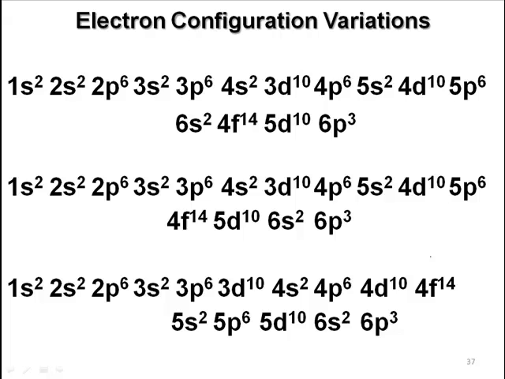Now, there are some variations. Okay, the way it's written here, they all end as 6p3, but you'll notice here they're written differently. This one is going 6 to 4 to 5 to 6. This one here is going 5 to 4 to 5 to 6. This one here is separating out the 1, the 2, the 3, the 4, the 5, and the 6.